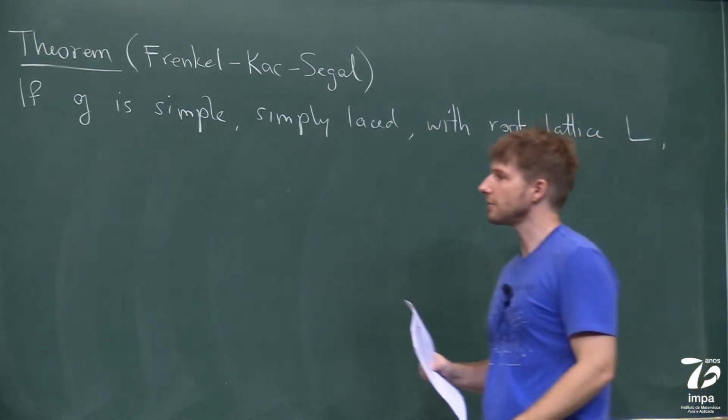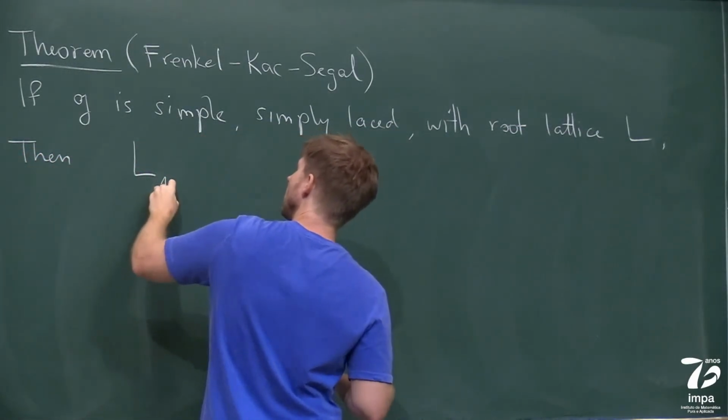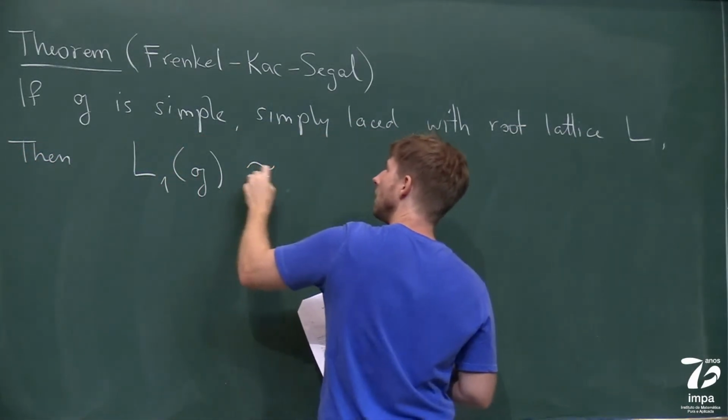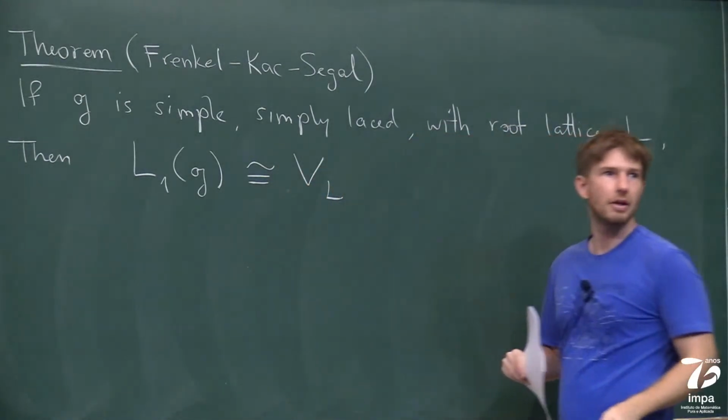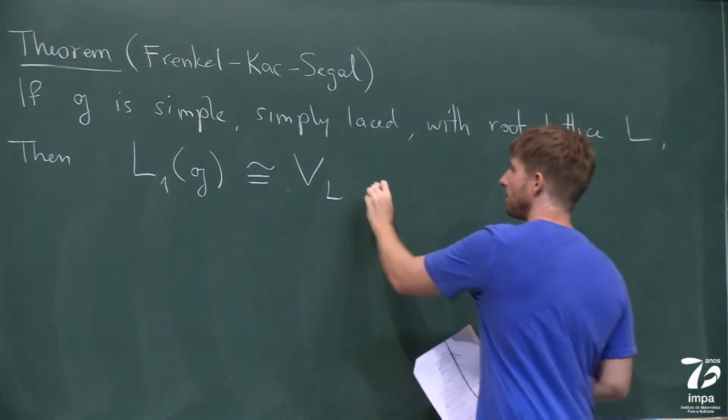If G is simple and simply laced with root lattice L, then the lattice vertex algebra associated to L is really the same as the level 1 affine vertex algebra.